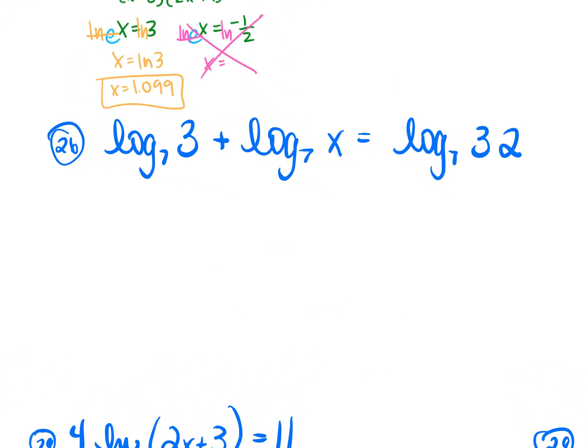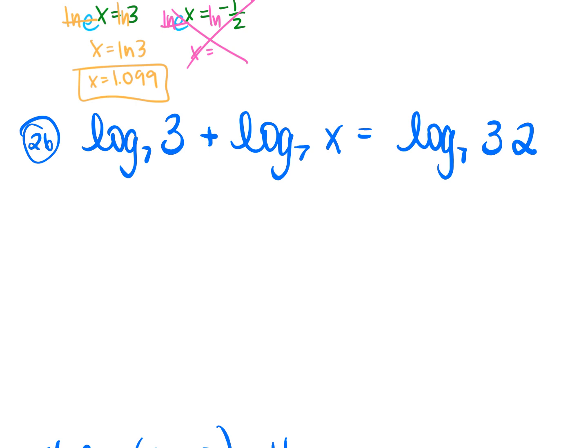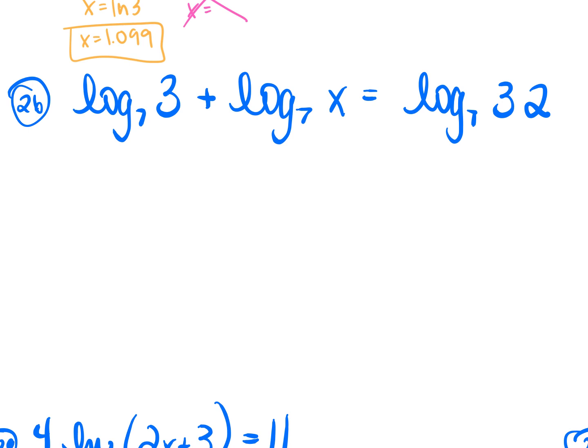Let's do 26. So anytime we have 2 logs on one side, we need to either combine it together or move it to the other side if the other side was just 0. But here we have a log on the other side, so we can't just move it because we'd be moving it back and forth. So let's combine these 2 together. How do I combine the 2 logs if I'm adding? Multiply.